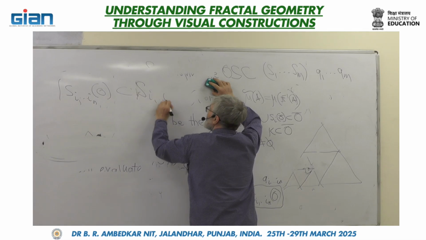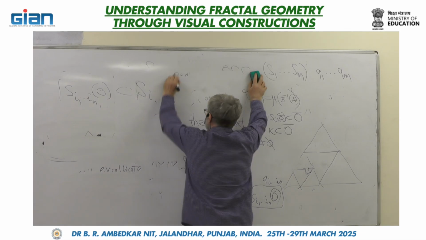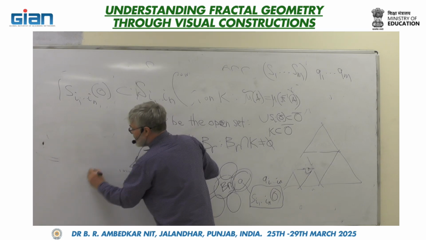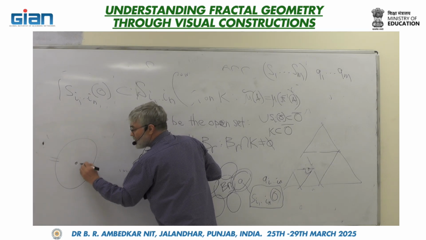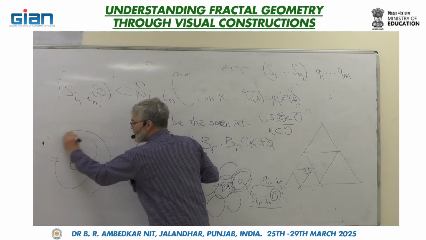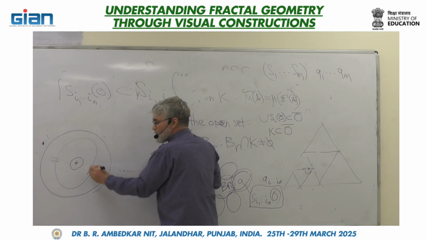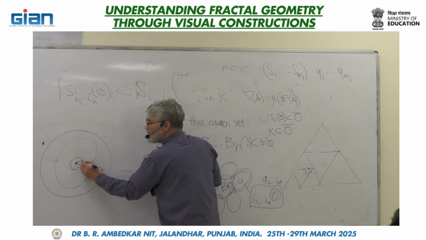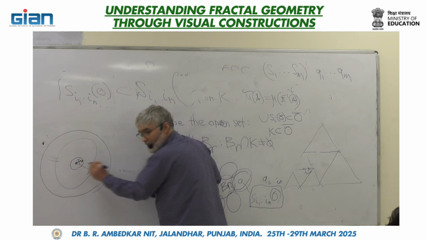You see, we took this open set, we took a point in it, and we have drawn two balls, one of radius R2 and the other of radius R1.